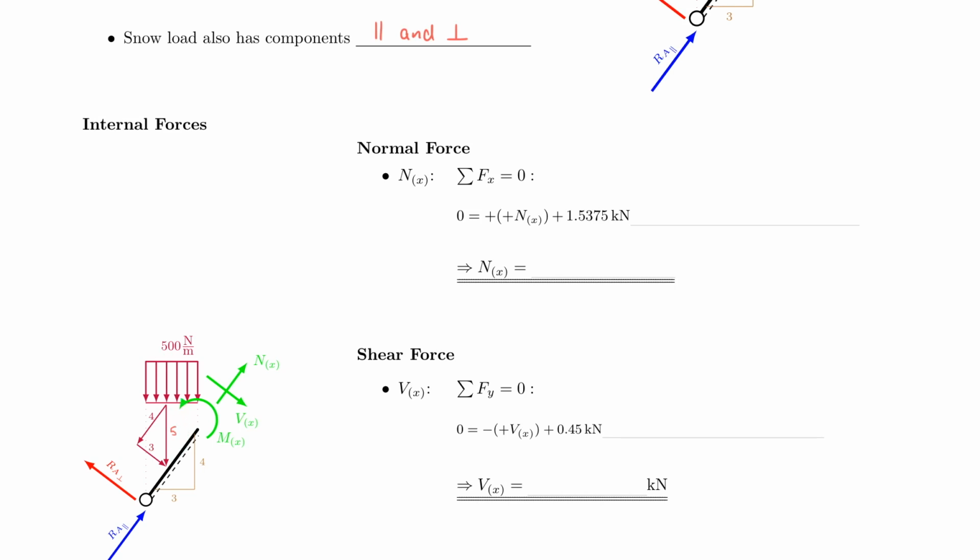So let's look at it. So 0.5 kilonewton per meter multiplied by x meters. And again, now we have to be very careful because the x is actually acting in this direction, right? So, and the 500 is just not given in that direction.